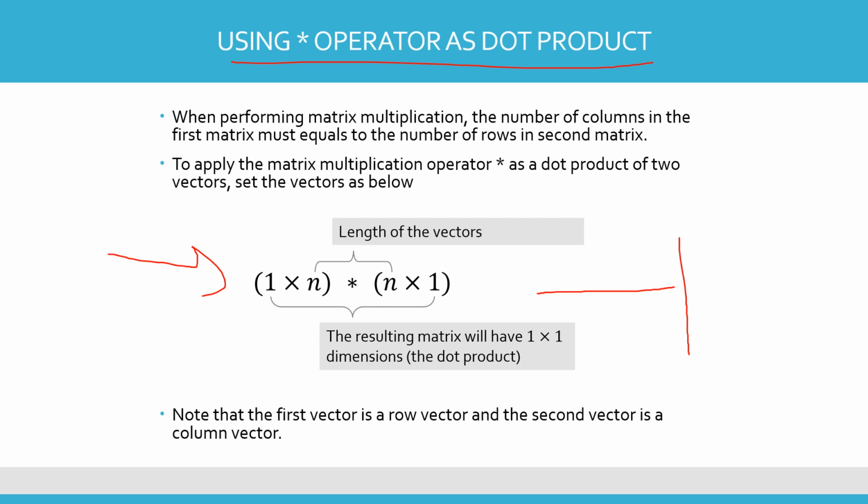So when it comes to dot product, make sure your characteristic is this one, and the result will be a 1 multiplied by 1 metric, just a magnitude or a scalar. Make sure of that.